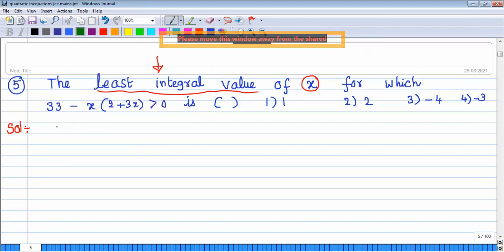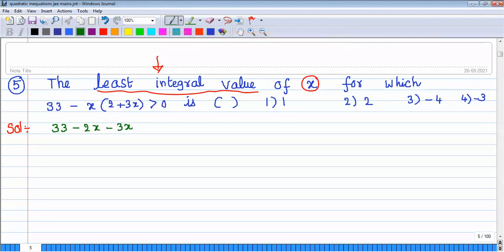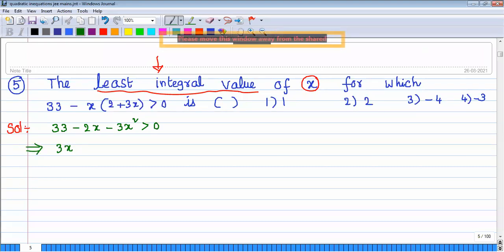Right. This is 33 minus 2x minus 3x square greater than 0. Multiply with negative 1, we get 3x square plus 2x minus 33 greater than 0. So now we need to find the factors of this one.